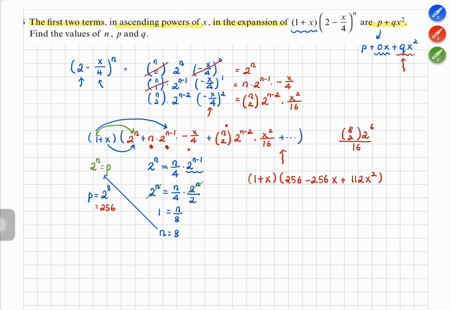What is that? It's exactly the q. So let's just find the q, which is the coefficient of x squared. So the 1 I multiply with this, I get 112, and then this 1 multiply with this, which is negative 256. Therefore, the answer for your q is going to be negative 144.